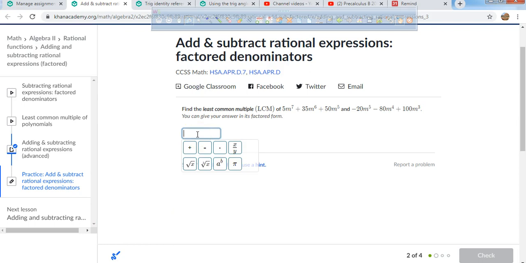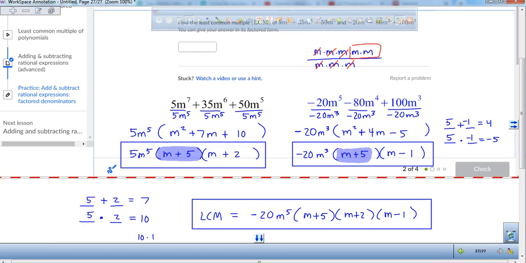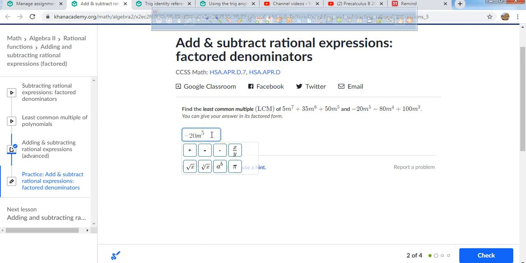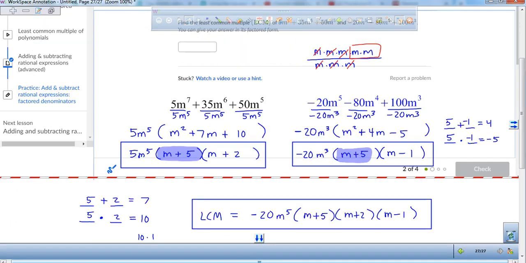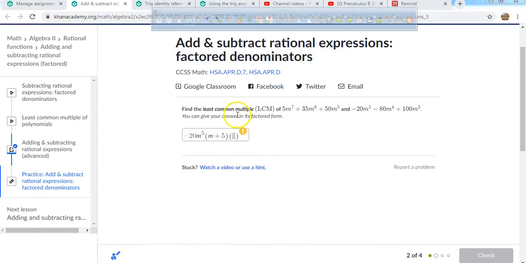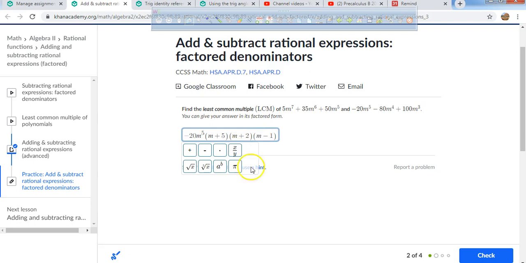We have negative 20 m to the power of 5 right here, and then we have an m plus, not minus, plus 5. We have an m plus 2 and an m minus 1. And that is going to be our least common multiple.